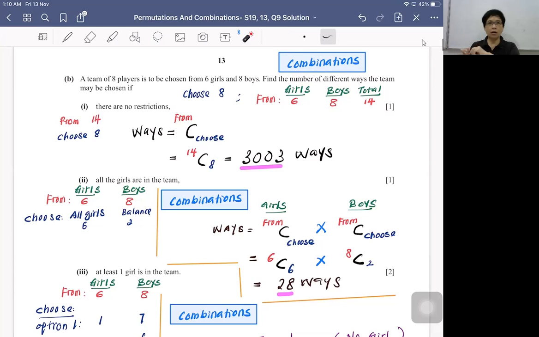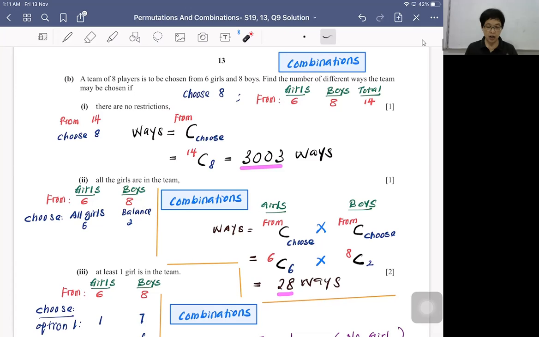But out of this, not everyone can fit into the team. They have to compete among themselves, or you as a teacher or captain will have to select among these 14 to fit into a team of 8. Now, section 1.